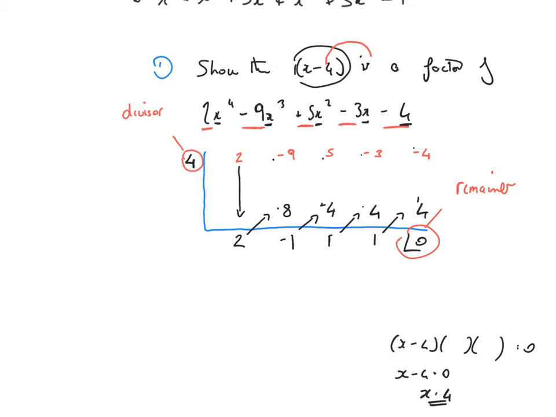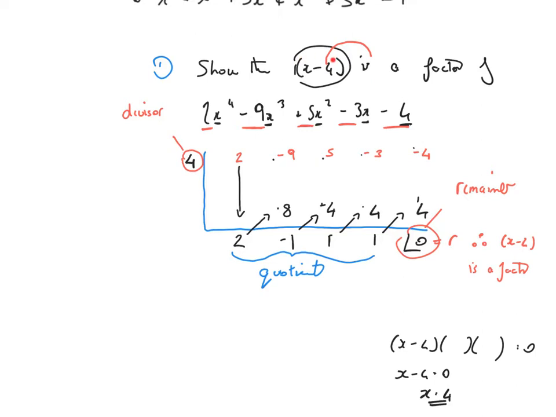So I'm going to say here 0 equals r, i.e. the remainder equals 0. Therefore, x minus 4 is a factor. At that point, we call this the result of division, which you'll have heard before, that's called the quotient.